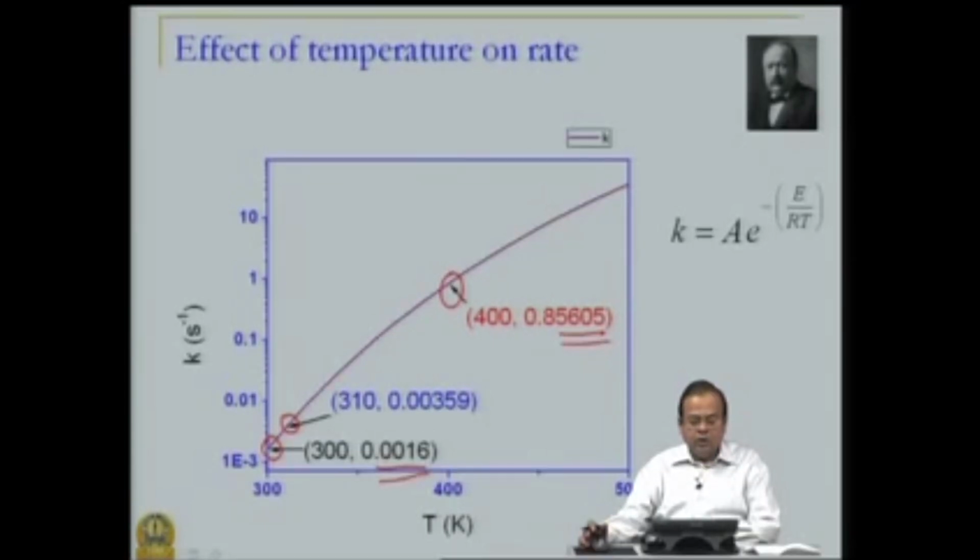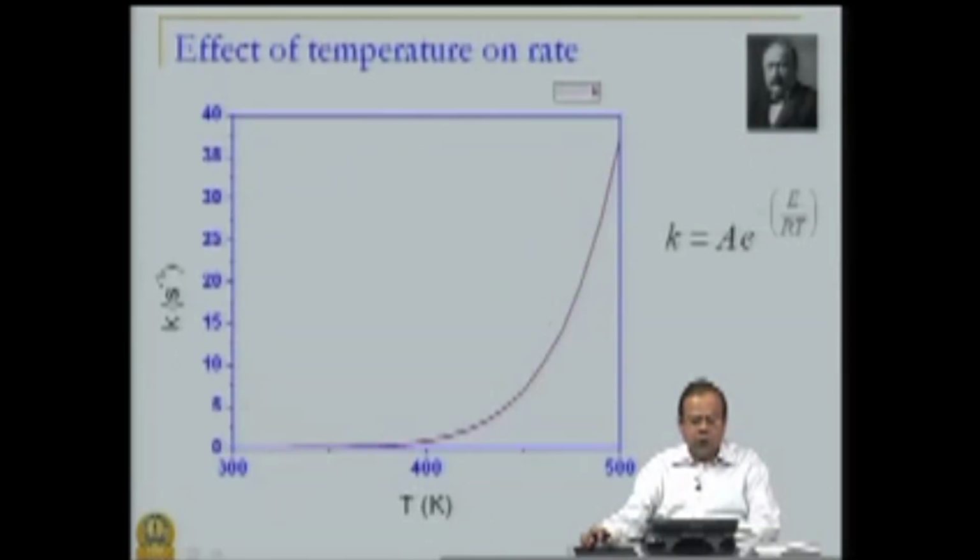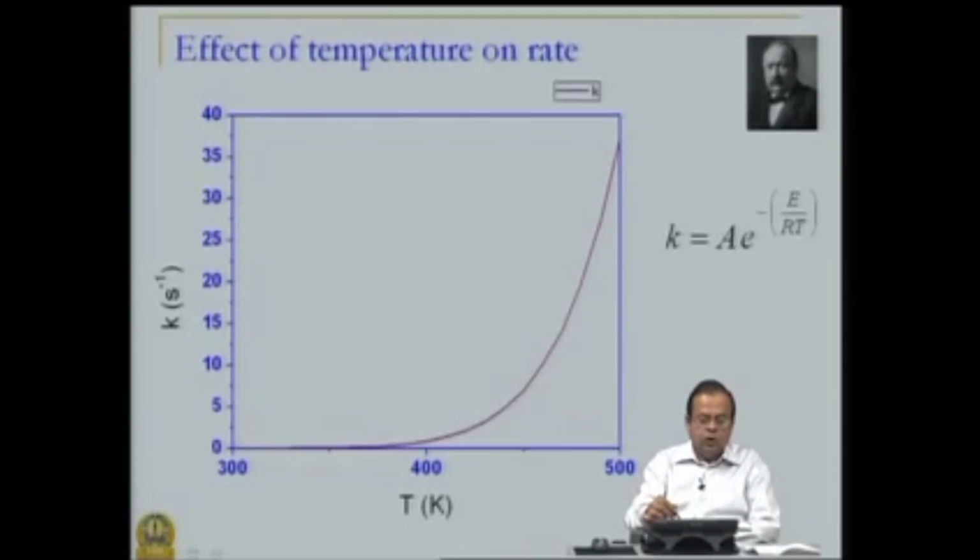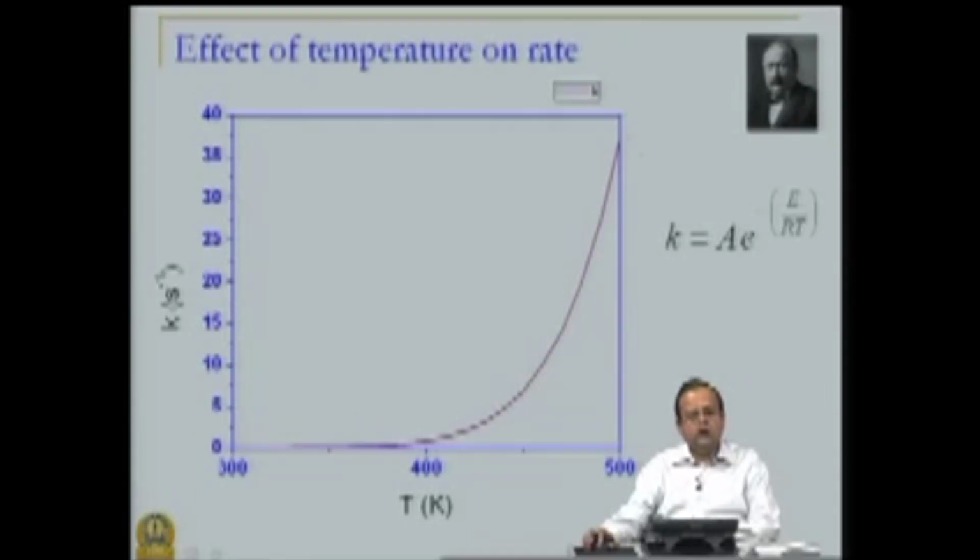In other words, because the temperature dependency of the rate constant is exponential, it is a highly non-linear dependency. A small increase leads to a large increase in rate constant, as we can see from here to here.